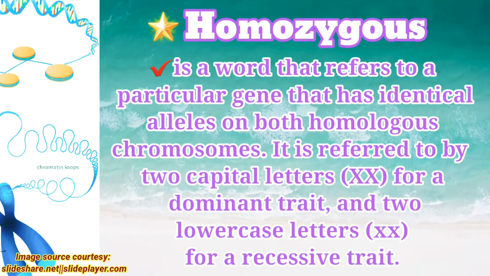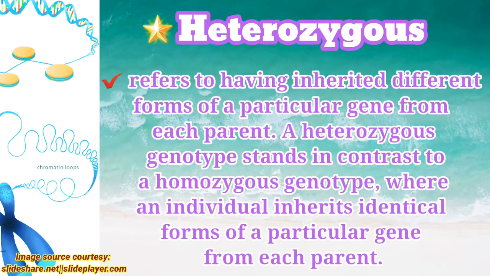Now, what is the difference between heterozygous and homozygous? From the word, homo means same. Zygous means having genetic material. A homozygous individual carries two copies of the same allele, while hetero means different. Zygous means having genetic material.